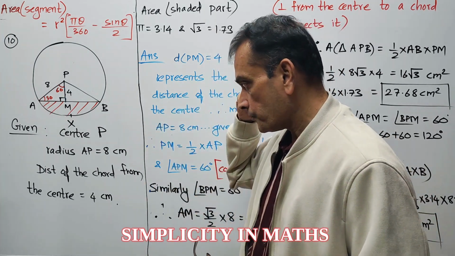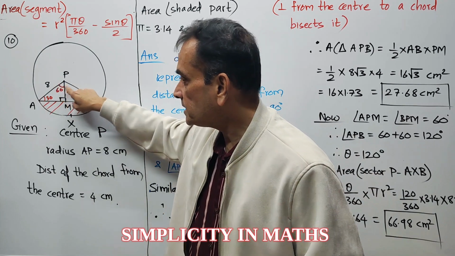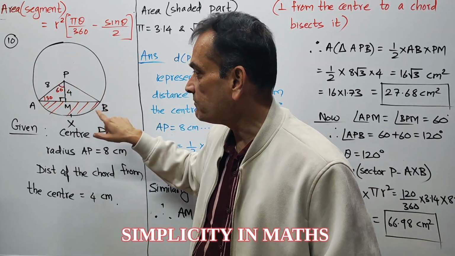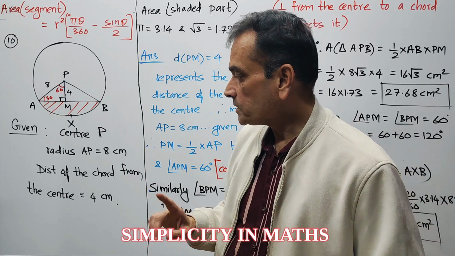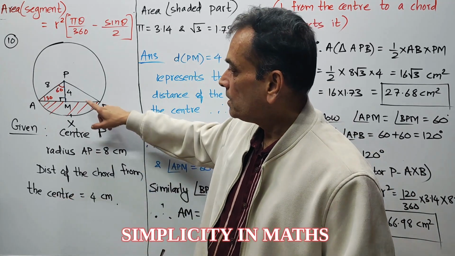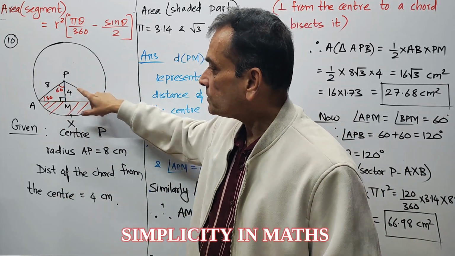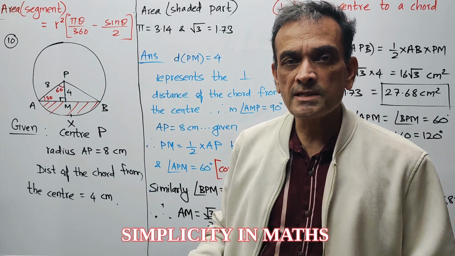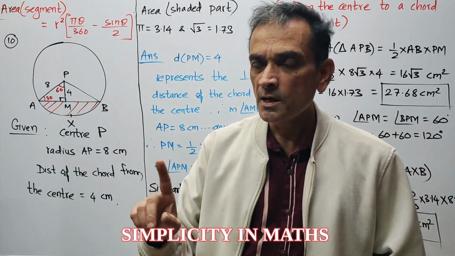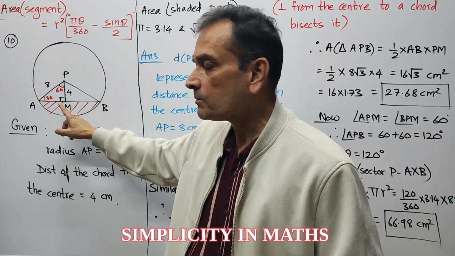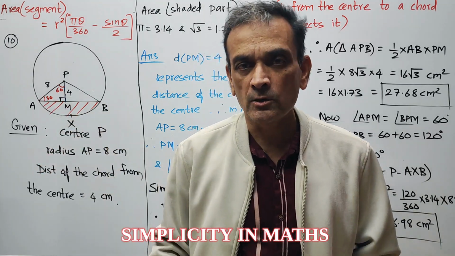So usually theta is given, angle APB is given, but now it is not given. Now the important thing is, distance of the chord from the center always represents the perpendicular distance. Distance of the point center from the line is always perpendicular.